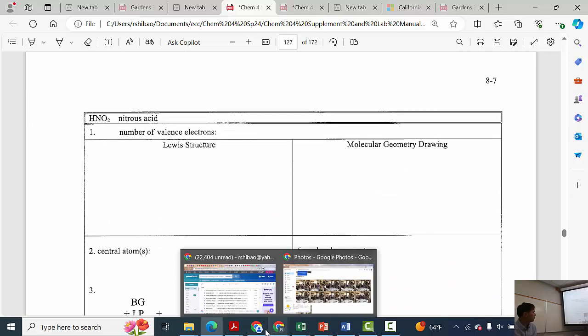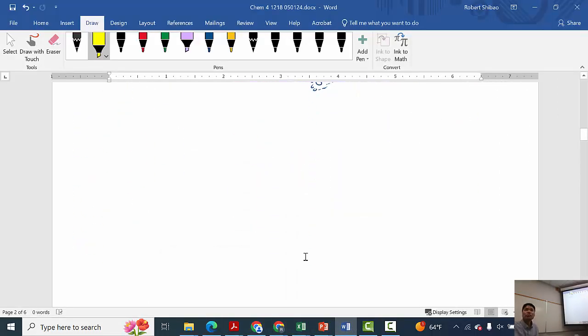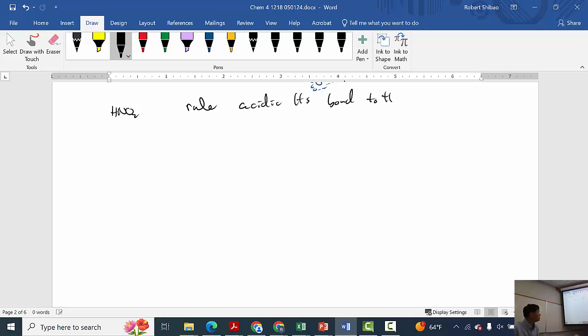Let's move on to HNO2. Okay, the next rule is this. I'm a little bit behind, but that's all right. The rule is acidic hydrogens bond to the most electronegative atom or atoms.